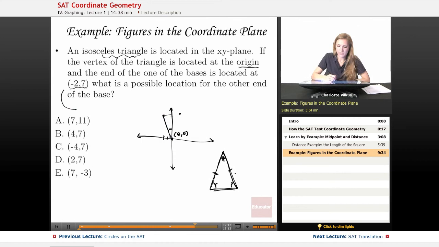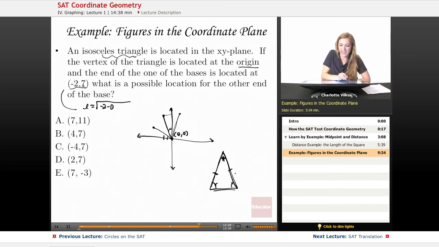So if one was here, we could have maybe one that's the same length over here, or we could have one over here. Basically anywhere that we could get the exact same length. So the length of this one is going to be the square root of (-2 minus 0)² because I do have 2 points, right?